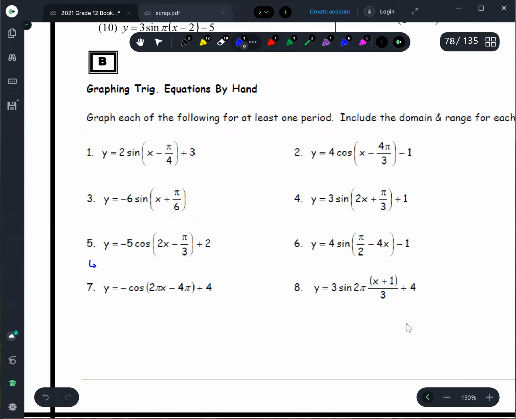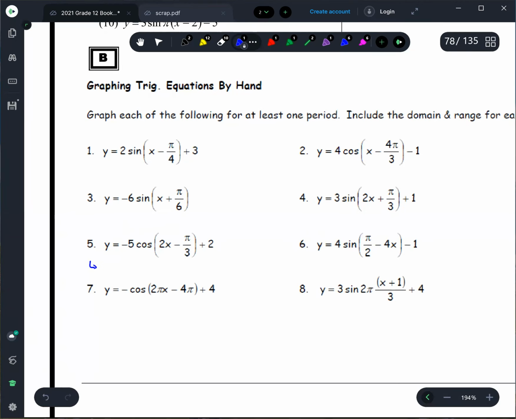All right, so let's get a general form for 5. Okay, Evan, do you have the general form for 5? Not yet. Okay, let me know when you have it. I think I have it.